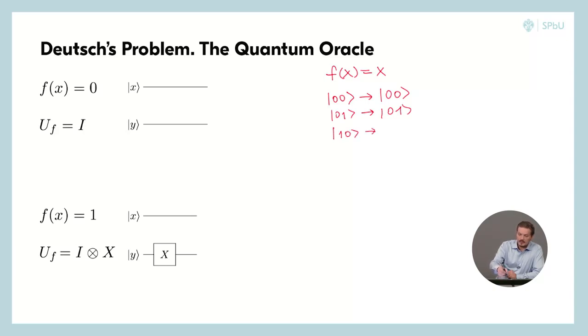Now we have x equal to 1. And we add this one here, and we have 1, 1. And of course, 1, 1 maps to 1, 0. And you perfectly know this operator. It is just C naught.